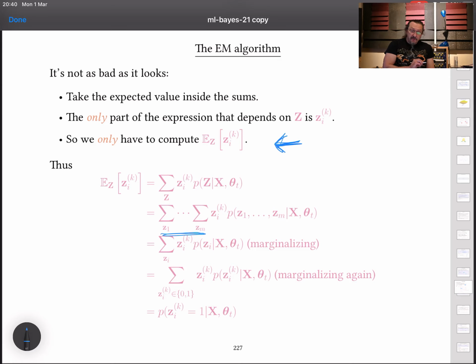Then we're saying that only one of those sums involves the actual ith z vector here. So we will end up marginalizing out all the other ones from this part of the expression, which is what gets us to this point.